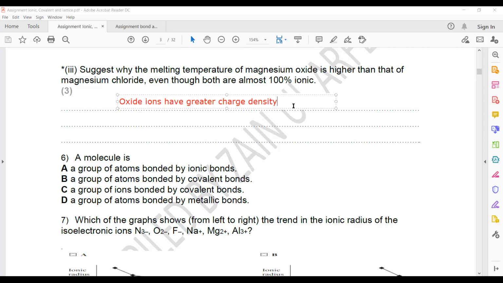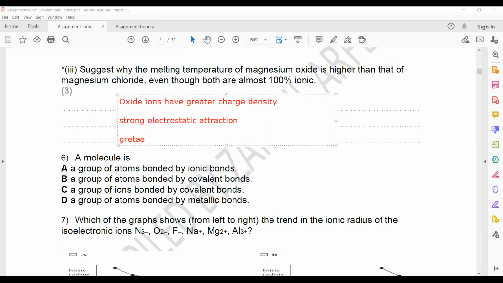So that's why greater charge density, so strong electrostatic attraction, greater energy is required to separate ions from each other.